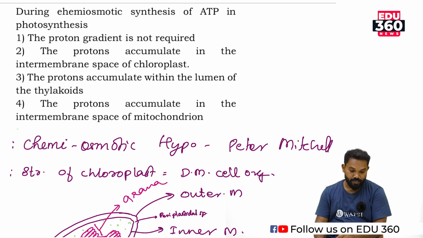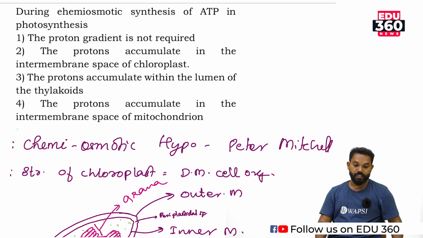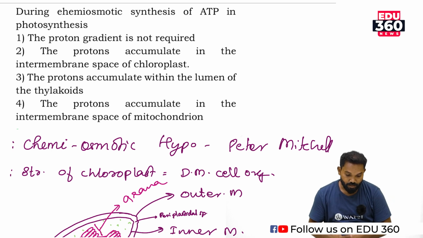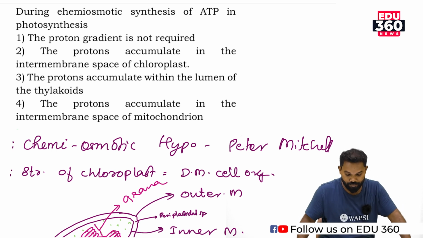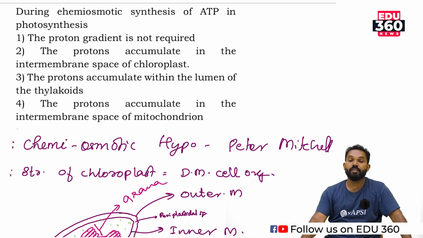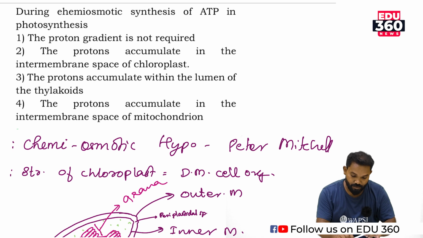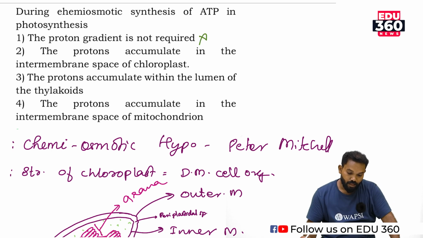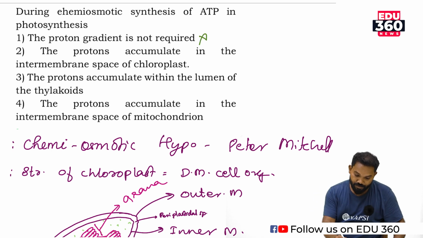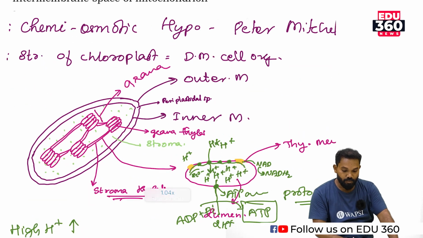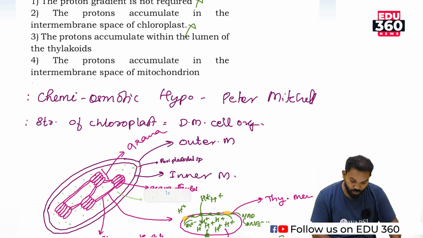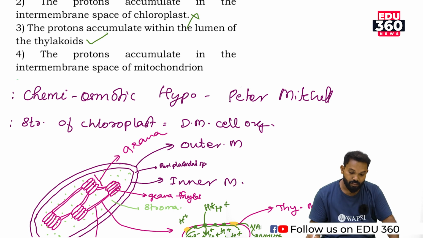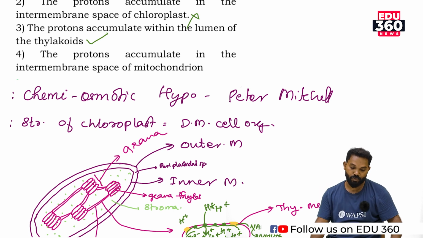So the question is, during chemiosmotic synthesis of ATP in photosynthesis, the proton gradient is not required? No. For the synthesis of ATP, a proton gradient is necessary. The proton accumulates in the intermediate space of the chloroplast? No. Proton accumulation takes place within the lumen of the thylakoids. Option 3, the proton accumulates within the lumen of the thylakoid.